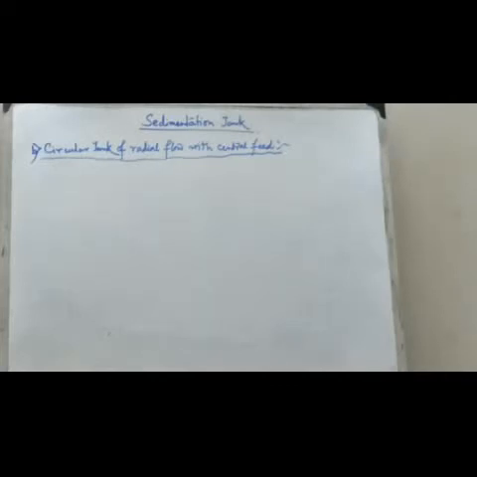The aim here is to provide uniform radial flow with decreasing horizontal velocity towards the periphery.